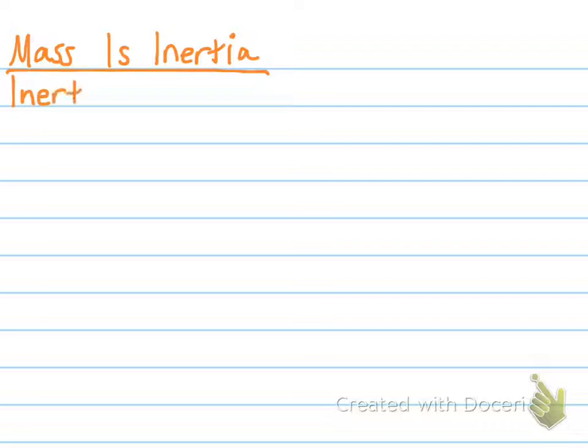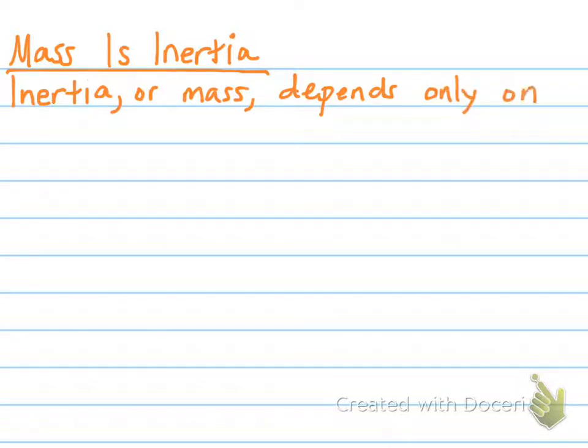Again, for the most part in your textbook, we're going to say that mass is inertia. So inertia, or mass, depends only on the matter in an object, not its location.